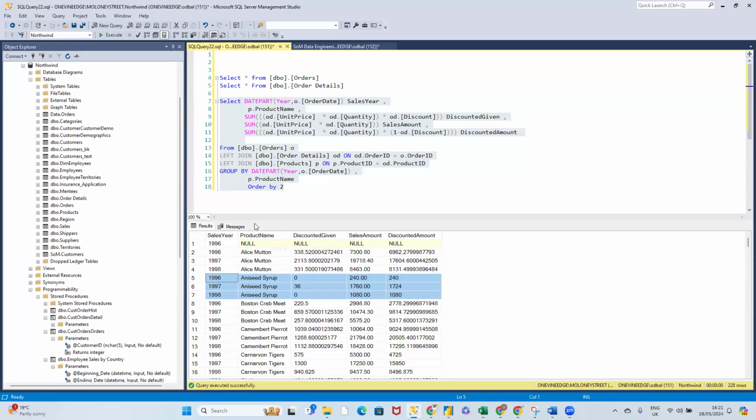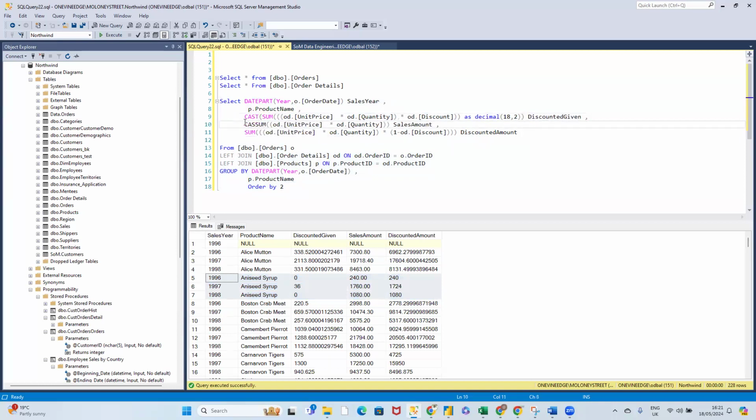And then if you want to make it look more beautiful, we can do cast. Everything as decimal 18 and 2, and cover that.